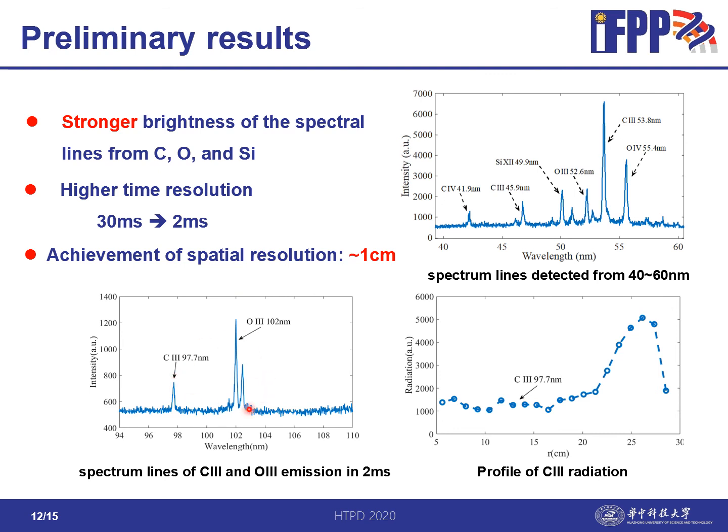In this picture, the spectral lines of carbon-3 and oxygen-3 emission are considerable in a very short time. Finally, the achievement of spatial resolution of 1 centimeter makes the upgraded system completely sufficient for detection requirements.